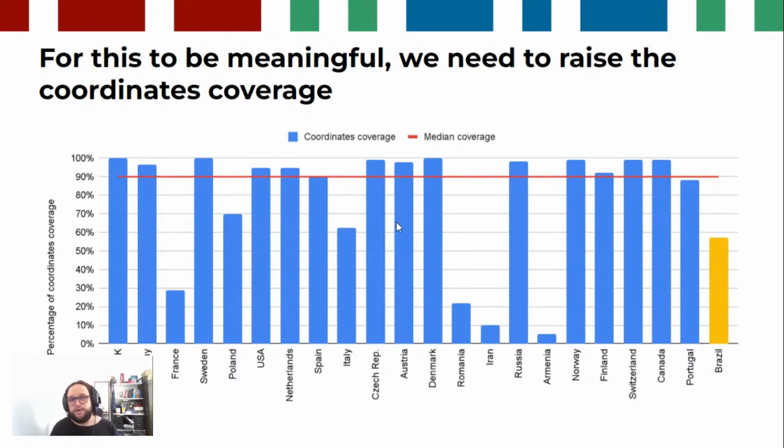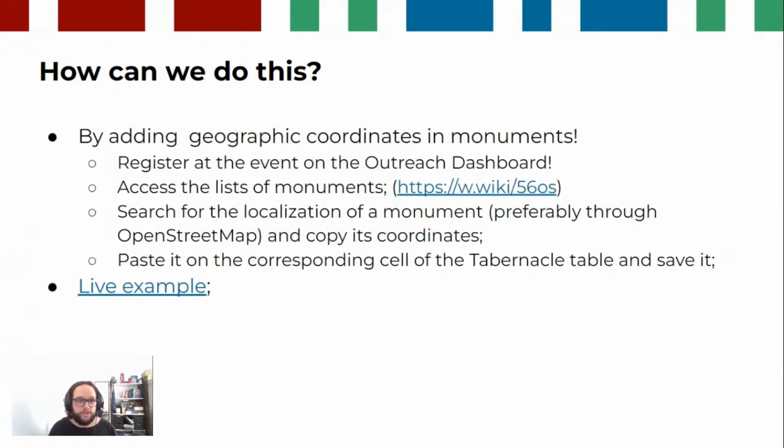And we need to increase the coverage of coordinates of monuments, and we will do this by adding the geographic coordinates in the monuments. So we need to make the monuments appear on the map.